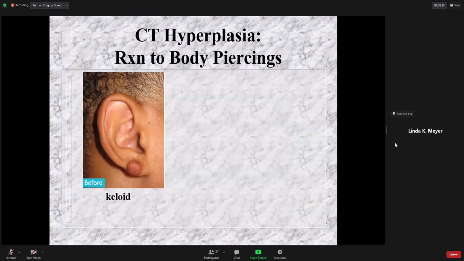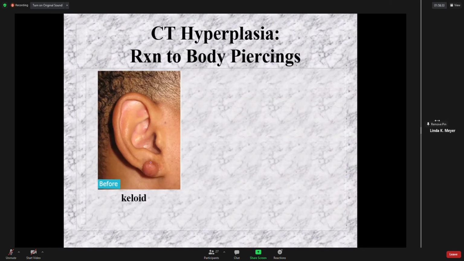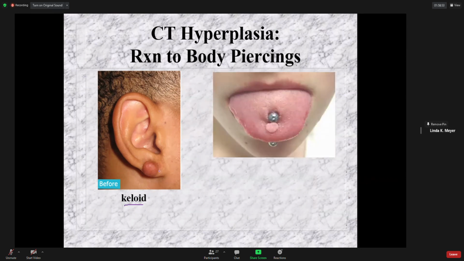And then another application is some individuals, and there can be an ethnic or genetic predisposition, have what are called keloids. Keloids are connective tissue hyperplasias or excessive scar tissue. So this person got a piercing and had this excessive scar tissue.